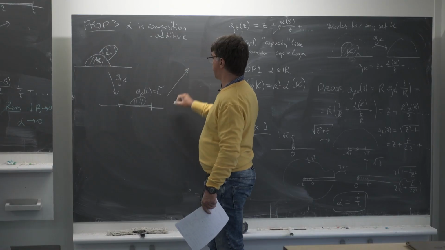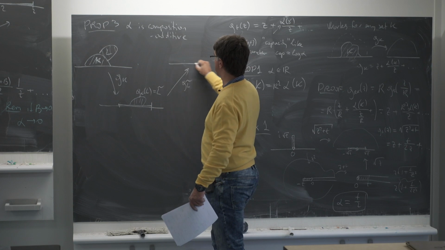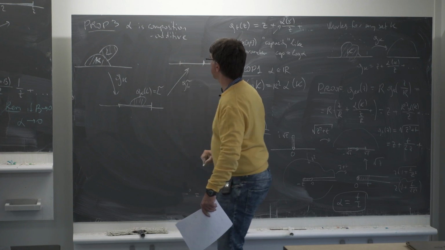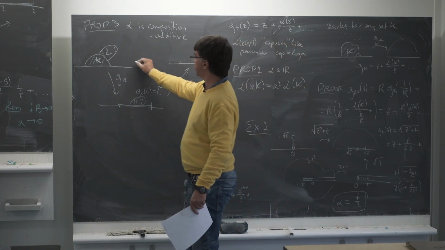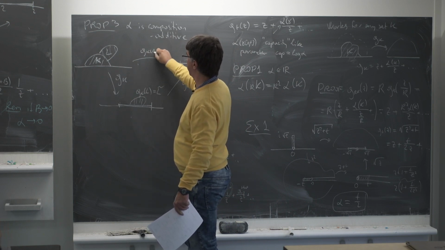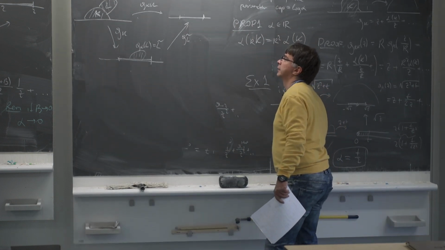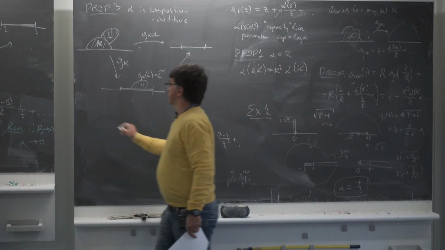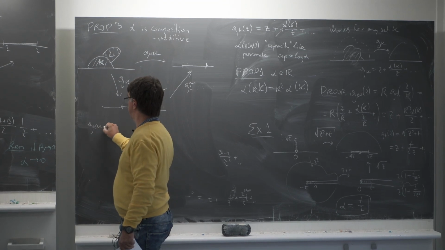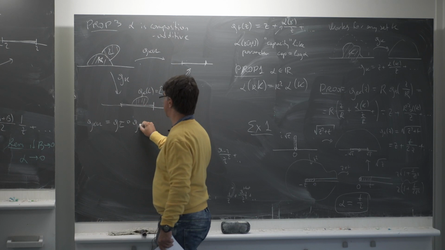And then there is a map G_L tilde which flattens this one. And there is their composition G_{K union L}. So G_{K union L} is the composition of G_L tilde with G_K.